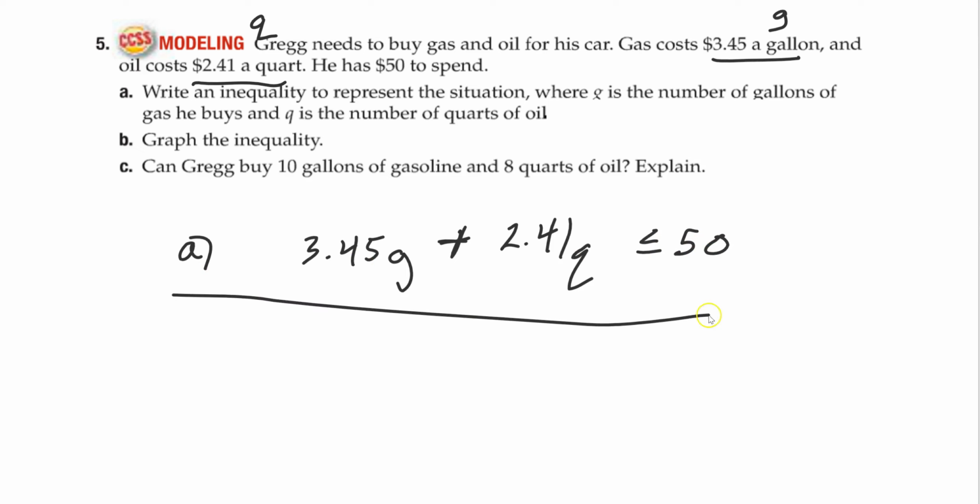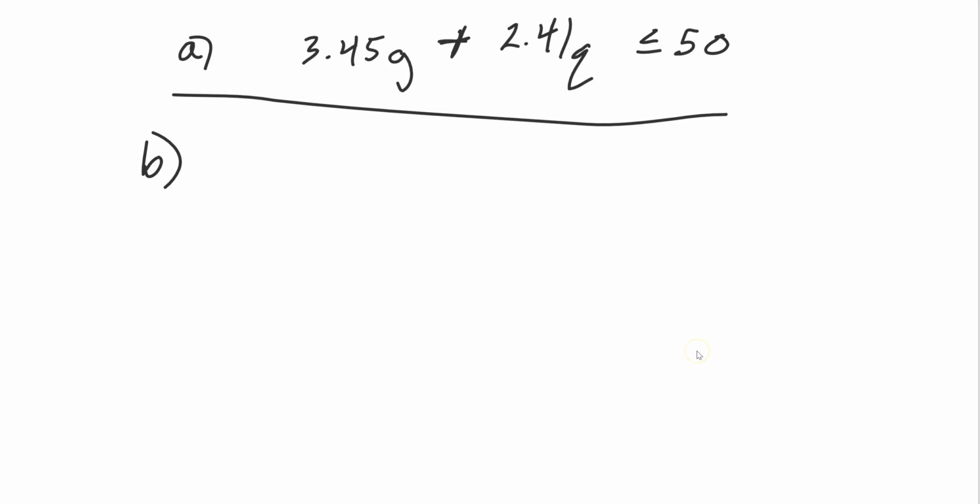So that's my inequality. B wants me to graph it. So if we're going to graph this on the XY chart, well, I don't have X and Y, I have G and Q. Just solve for one of the variables. Let's make G like our X, and Q like our Y. So we're going to solve for Q. So 2.41Q is less than or equal to negative 3.45G.